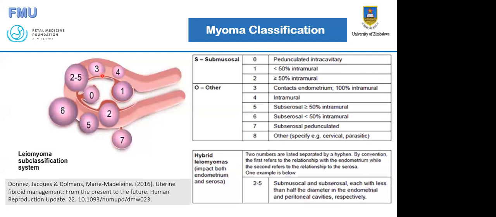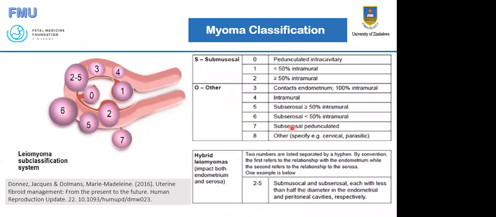Remember what we said about fertility and the issues of fibroids and fertility. So the 3 will be contacting the endometrium. Then 4 is not in contact with the endometrium, it is purely intramural. Then 5 is a fibroid which is more than 50% intramural, but it's a subserosal fibroid. That's number 5 here.